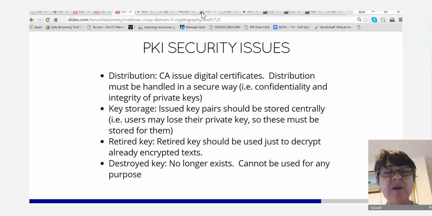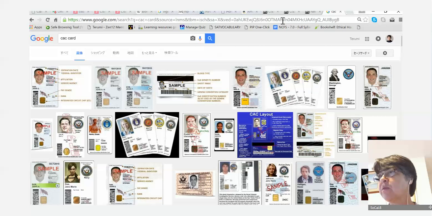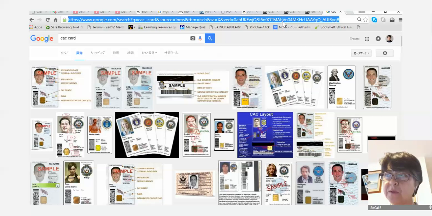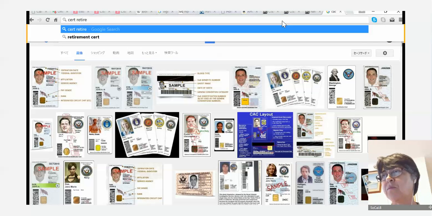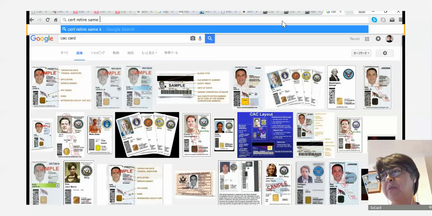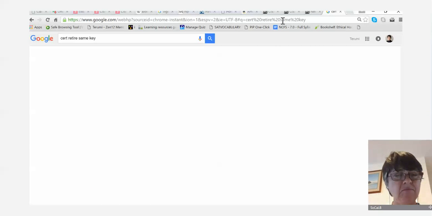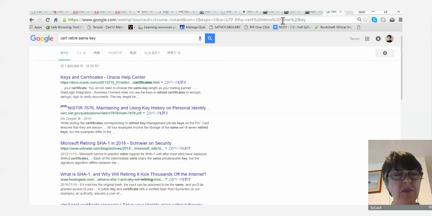Same public and private keys. I don't think so. I mean, I guess you can request it, but let's see. Same key? Well, but the thing is, private key and public keys go together. So you can't just, if you're reusing the private key, you're reusing the public key as well.